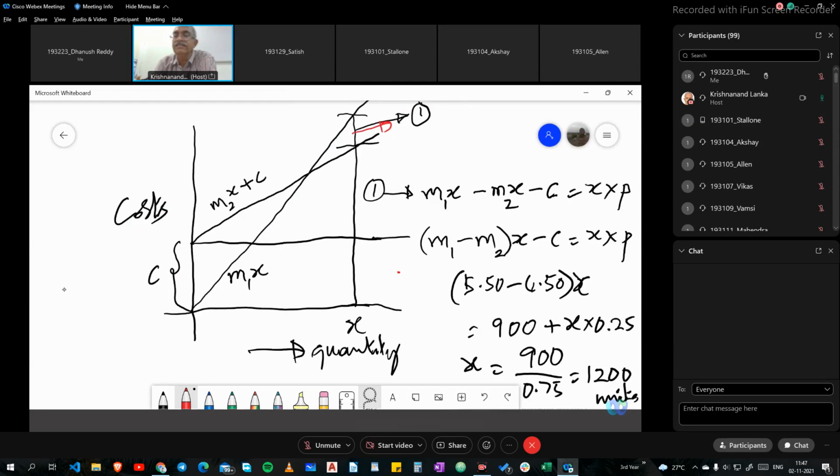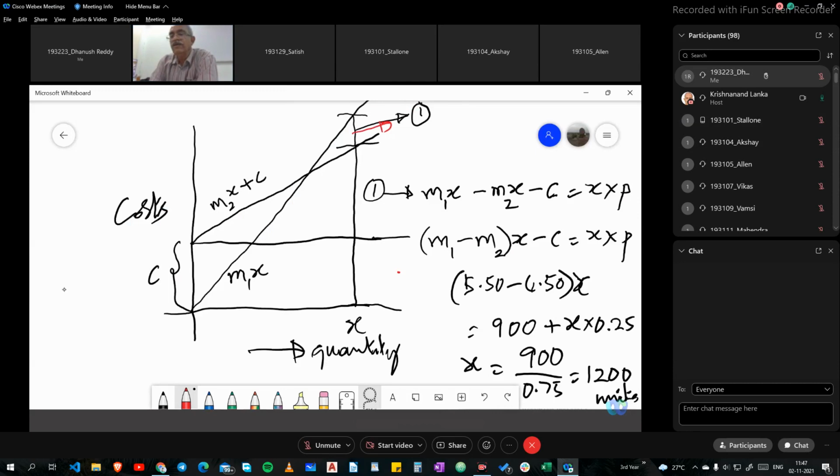And C is also given, that is the fixed cost. So what we have to find out is the minimum volume that you have to achieve to get a margin of 2.25 rupees per unit.